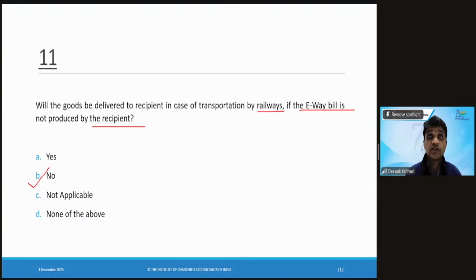For transporting goods by railways, there is no officer who can inspect it. Like normal vehicles, when you transport by road, there are squads who can check whether you're carrying an e-way bill or not, like GST officers. But in railways, they cannot check. That's why railway has made a system that they can deliver the goods only to the recipient, provided an e-way bill is generated. If the e-way bill is not produced, then they will not hand over the goods.